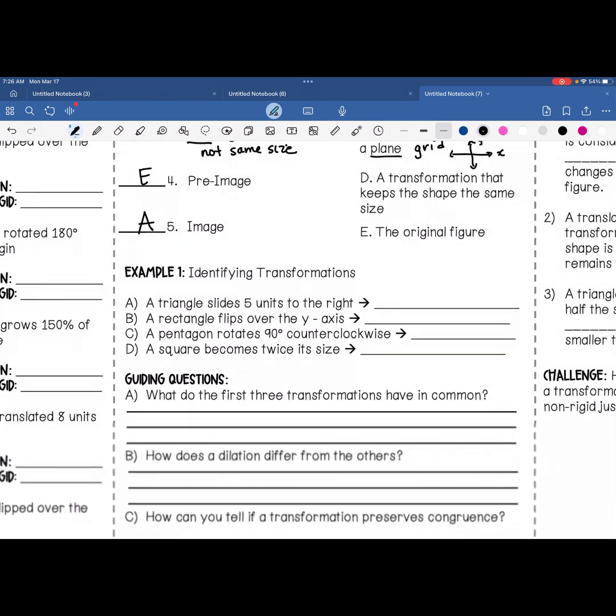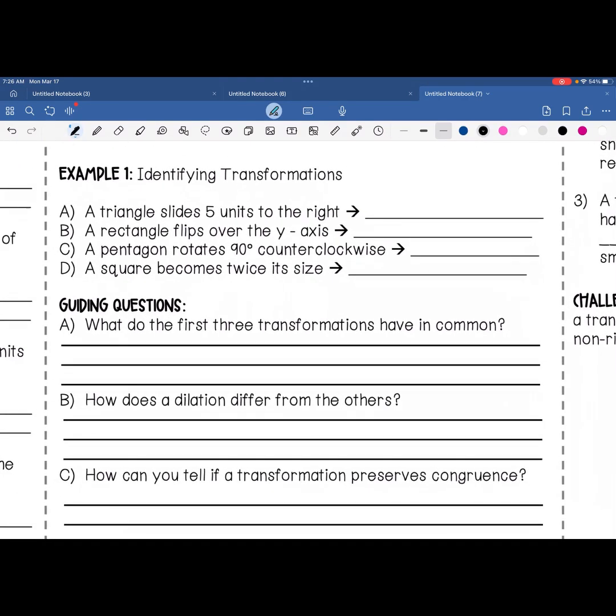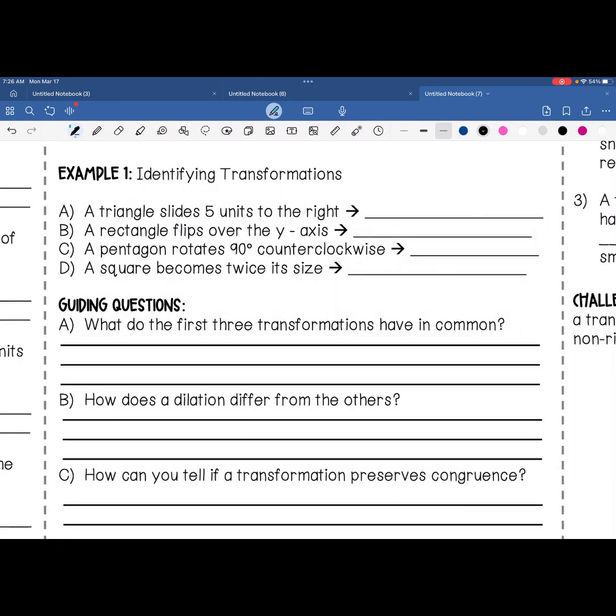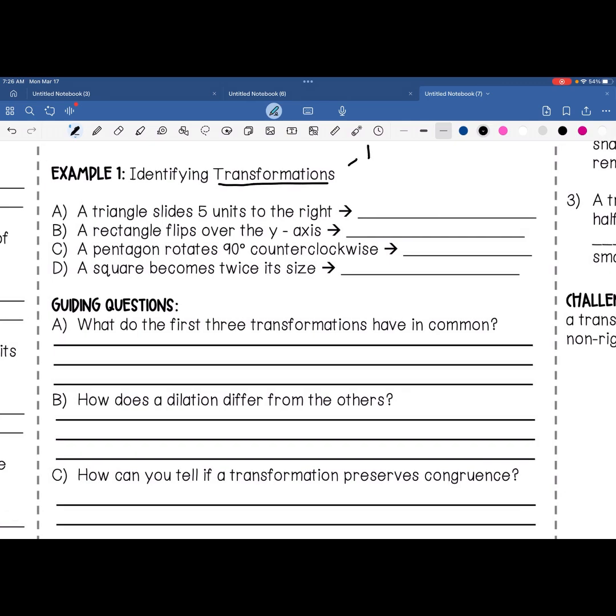So now we're going to just practice some stuff here. Identifying transformations. A triangle slides 5 units to the right. What type of transformation is that? Remember, the transformations are translations, dilations, reflections, and rotations.